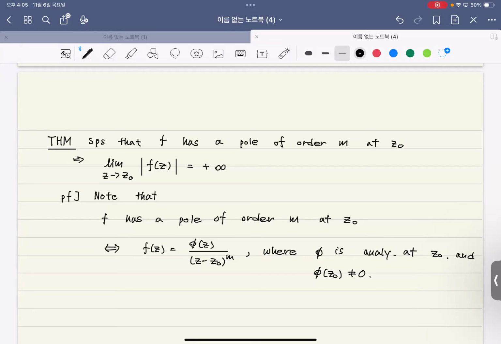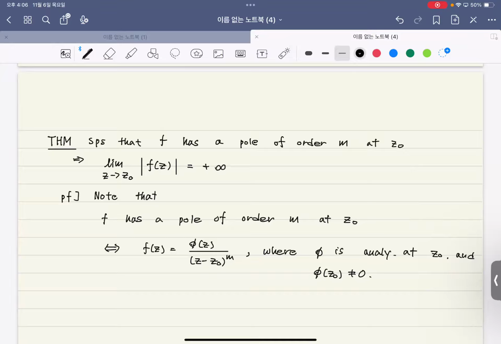Likewise, for the other implication, suppose that this statement is true. Then you can imagine the Taylor series of your function phi at this point. If you divide everything by (z minus z0) to the m, it turns out f has a Laurent series, and the Laurent series tells us that z0 is actually a pole of order m.